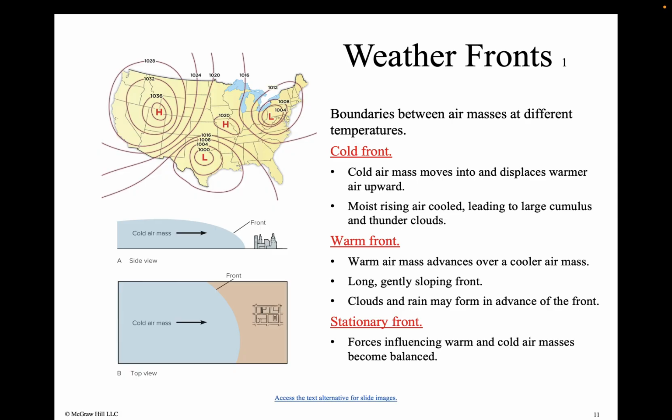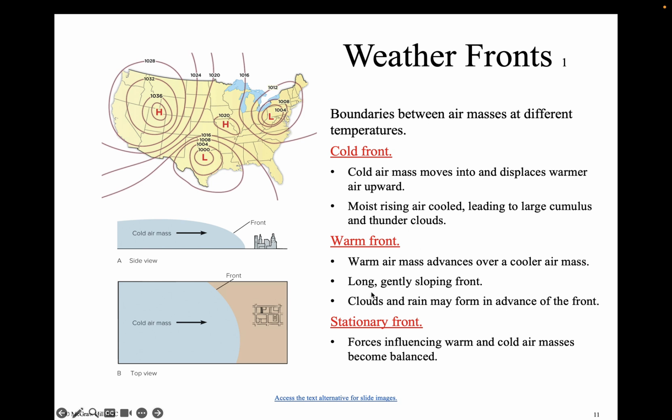You can also have the occurrence of fog, for instance, and here you have light rain continuously for long periods. Those rains can last for days. Okay, here the rains will last for a brief period compared to the warm fronts.